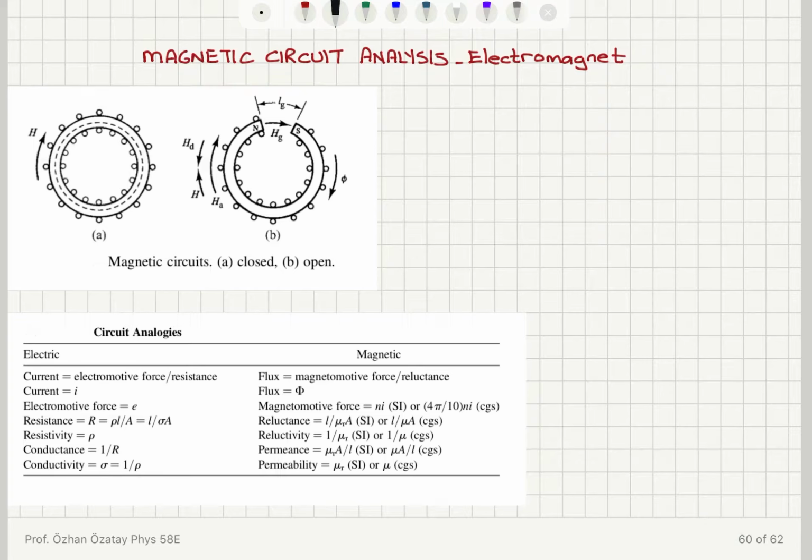If you think about a battery that is connected to a resistor, in this very simple circuit, this is the voltage provided by the battery and this is the resistance of the resistor.